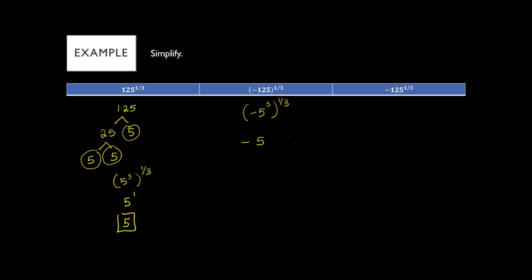And this is actually going to give me the same answer as negative 125 to the 1/3 power. So I basically have a negative and then 5 cubed to the 1/3. And it's 5 cubed because 125 is 5 cubed. And then that would also give me negative 5. So those are just some examples of exponents like 1/3.